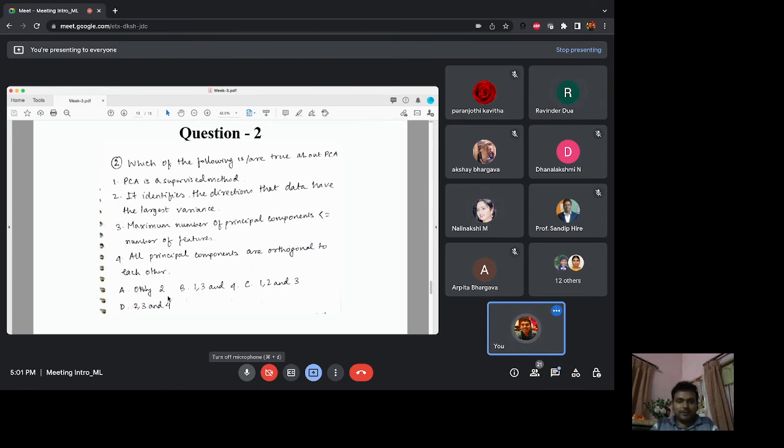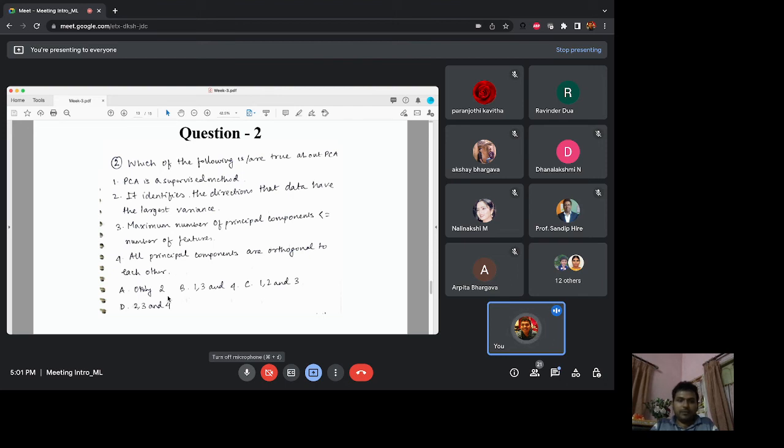PCA identifies the directions in which the data has the largest variance. That is my objective in PCA. And the maximum number of principal components is less than or equal to the number of features. If that were not true, PCA would not have been called a dimensionality reduction method. That is why the third point is also true.